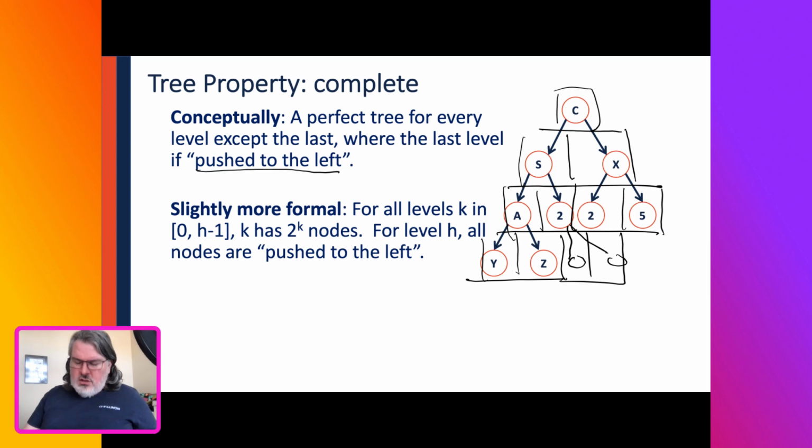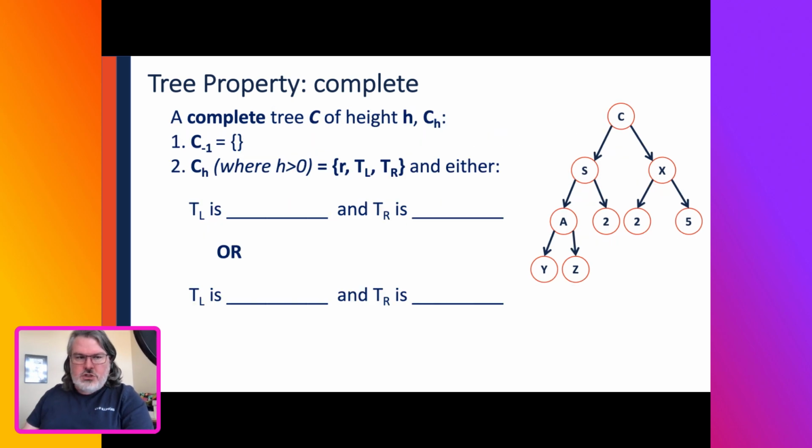But let's see if we can have a more formal feeling definition, one of these recursive definitions we've been doing. And the advantage of this here is not so much that it's useful, in that our push to the left definition really works quite nicely, but it shows us some more thinking about recursive definitions.